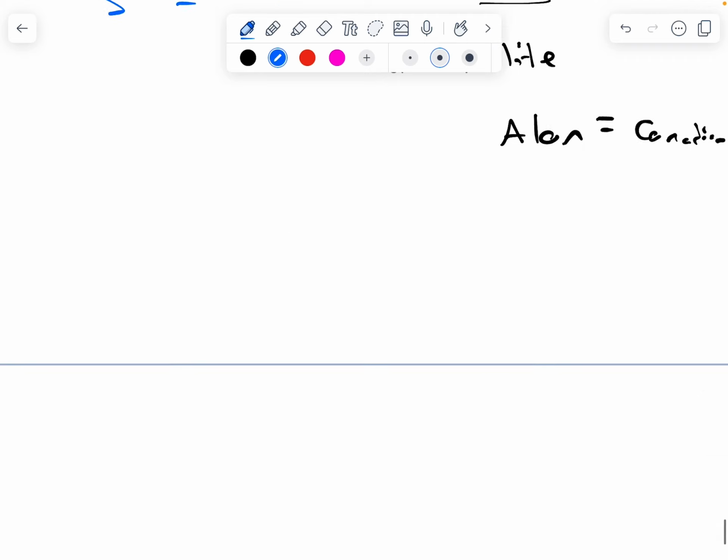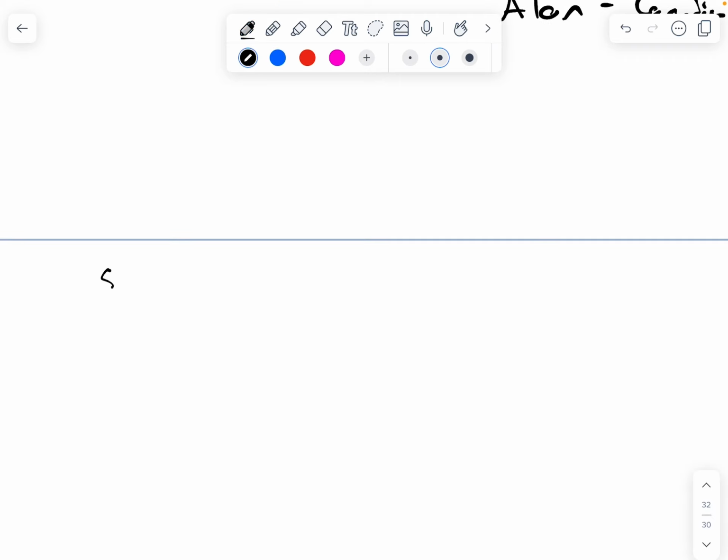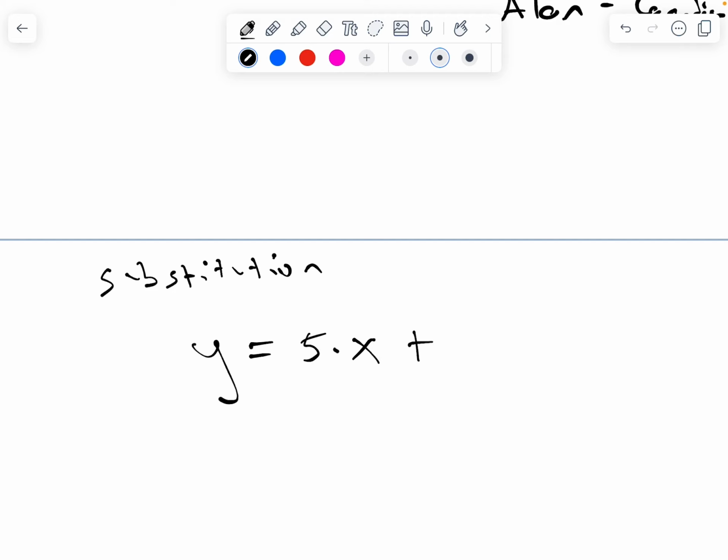Okay, now another property, we've got substitution. So substitution, imagine this in terms of a sports analogy. You've got a ball game, and we've got y on the field. We've got 5 being multiplied by x plus 7 over x. And x in the ball game gets injured, sprains its ankle, can't play anymore. But sitting on the bench, you have a player whose value, let's do a different one, let's do 9.